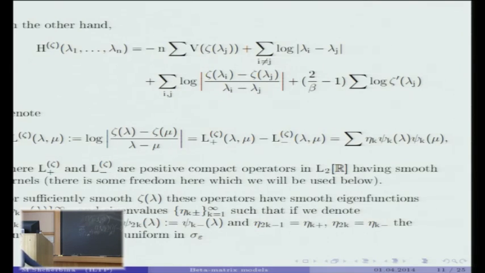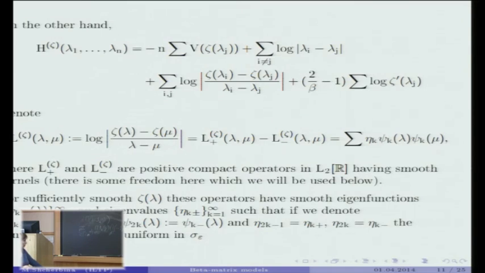What I need to know is only that there is a uniformly convergent series with respect to k. So I will construct this system of phi k, psi k and eta k as an interlaced system from these eigenvalues and eigenvectors. And of course, if both operators have a smooth kernel, I will have uniform convergence without any problem here.